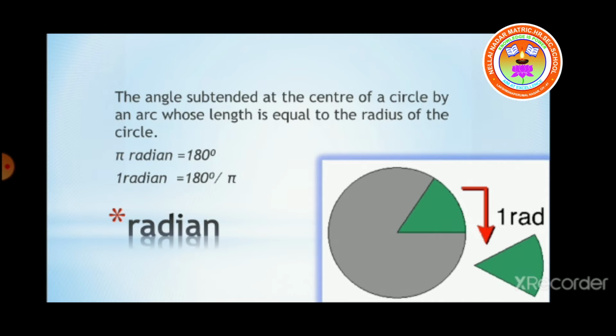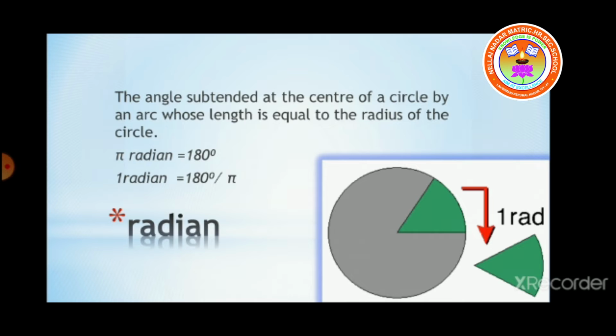The angle subtended at the center of a circle by an arc whose length is equal to the radius of the circle is equal to 1 radian. See this figure, the green portion is taken as the radius. So we are able to find out the value of 1 radian.